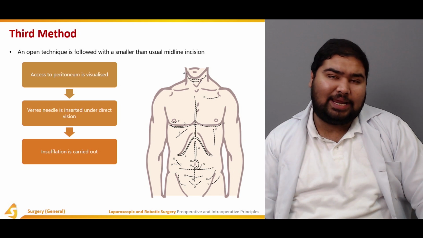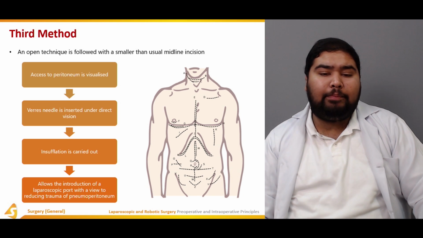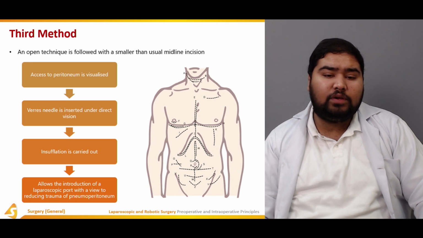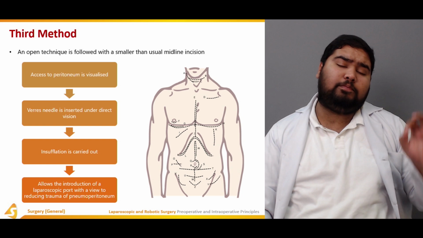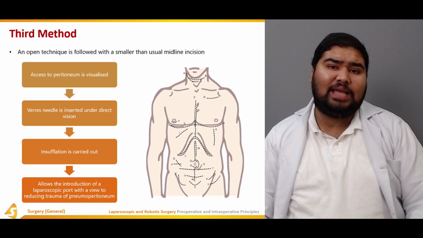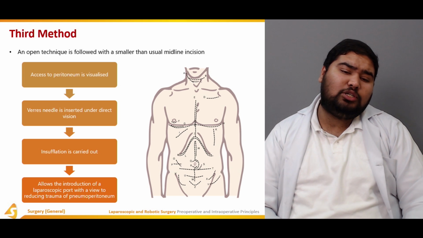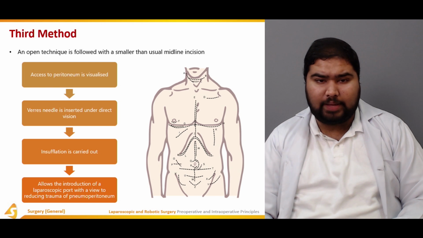Insufflation is carried out, and this allows the introduction of a laparoscopic port with a view to reducing trauma of the pneumoperitoneum. So you insert your probe in a certain direction, and this prevents any trauma that might occur due to pneumoperitoneum. So this is the third method.